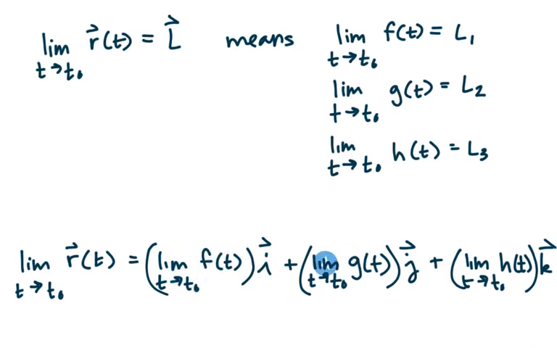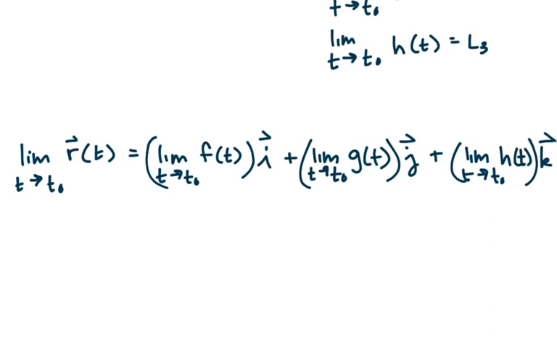So since we know each of these three limits, this is equal to L sub 1 i plus L sub 2 j plus L sub 3 k. And so, essentially all I'm saying here is when you want to find the limit of a vector valued function, just take the limit as each of those components approaches the same t value.